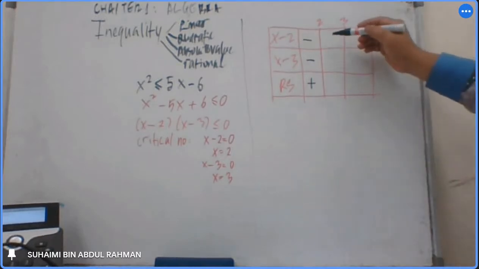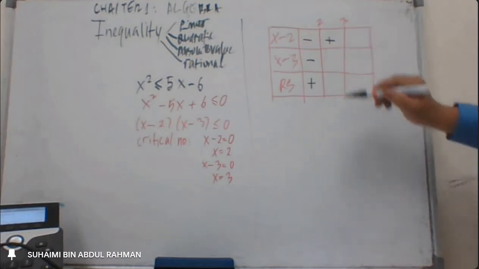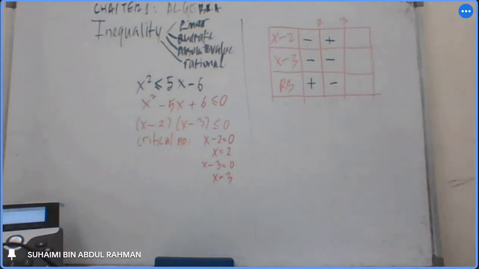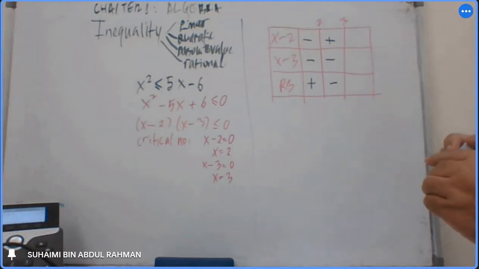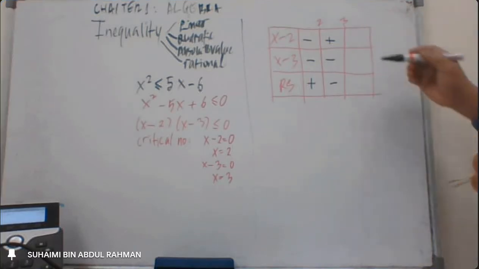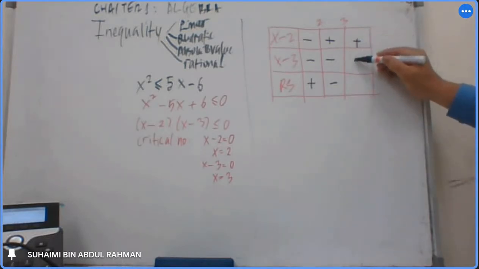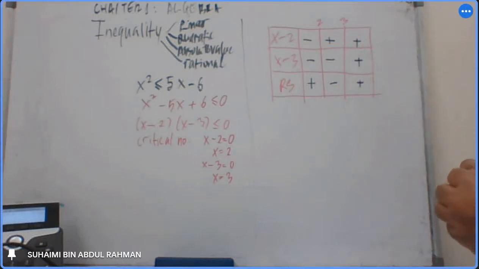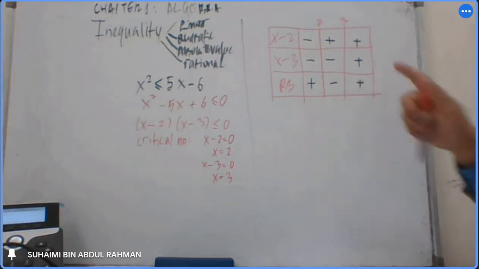The first one is positive, the second is negative, so negative. Then one number which is greater than 3, 4. Positive, positive, and definitely positive. So we have our resulting signs: positive, negative, positive.